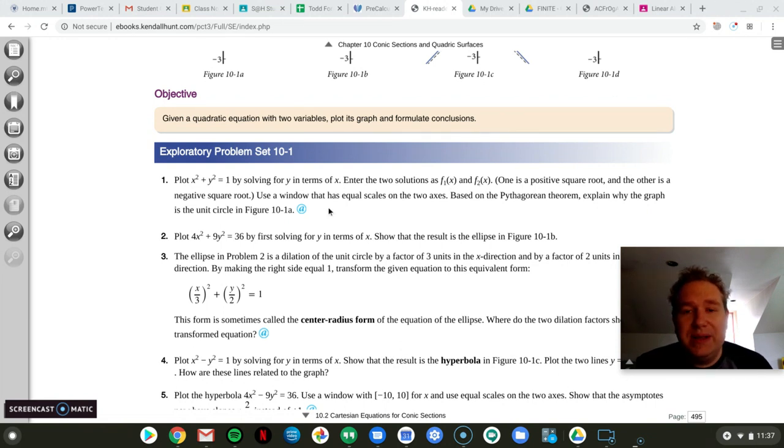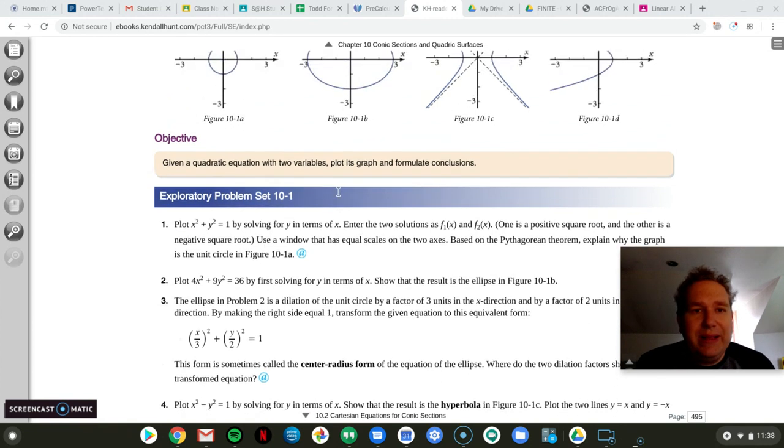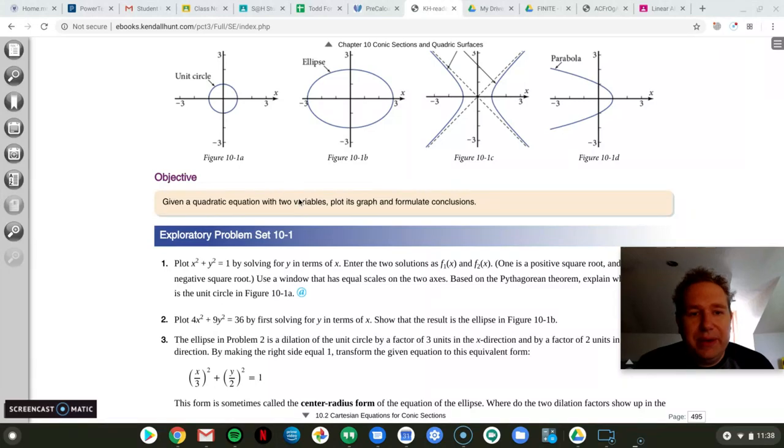One is a positive and one is a negative root because when you take a square root, it's plus and minus. See if you can solve for that one and get this graph in your calculator.